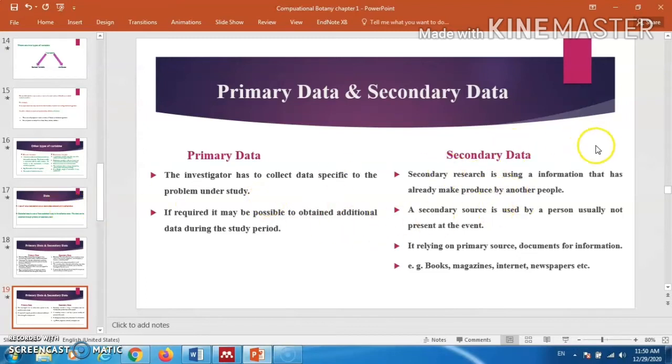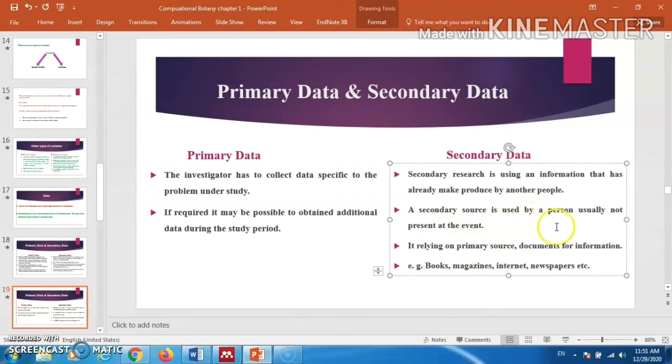In the case of secondary data, secondary research is using information that has already been produced by other people. In the case of primary data, if required, it may be possible to obtain additional data during the study period.